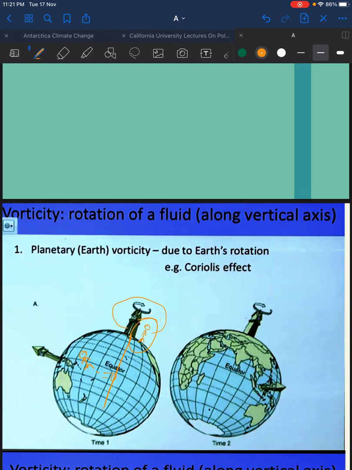He is covering the entire rotation in 24 hours, simply moving like this in 24 hours. So is this clear? Planetary vorticity is maximum at the pole and zero at the equator, because there is no rotation along the vertical axis at the equator.